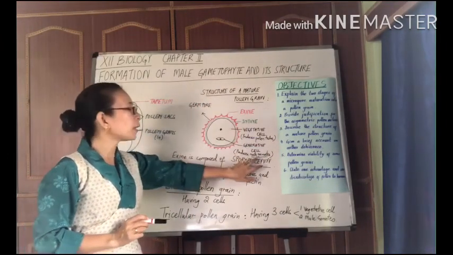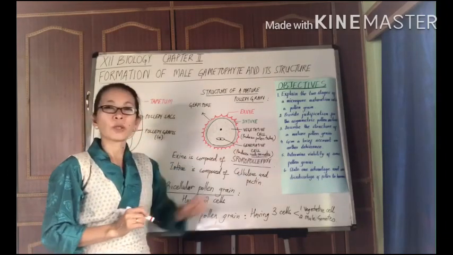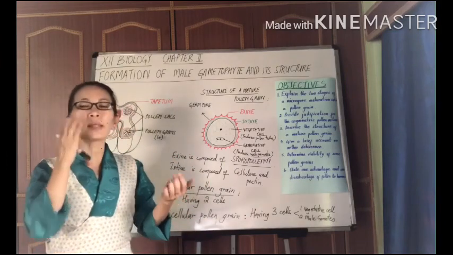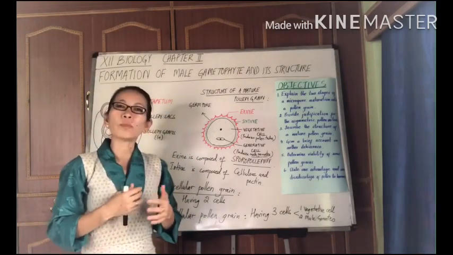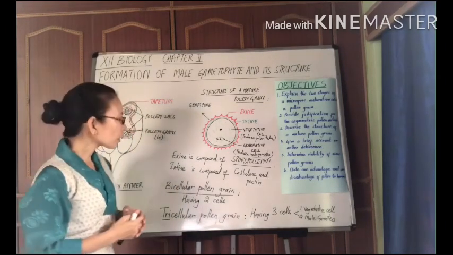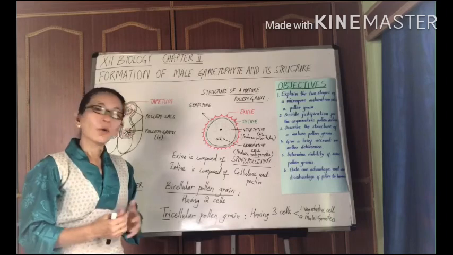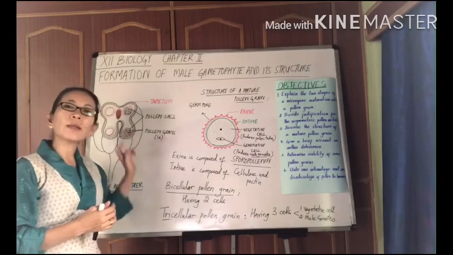The male gametes are produced from the generative cell's division. The generative cell undergoes a single mitosis giving rise to the 2 male gametes. And this mitotic division of the generative cell can be initiated when the pollen grain is right inside the anther itself.